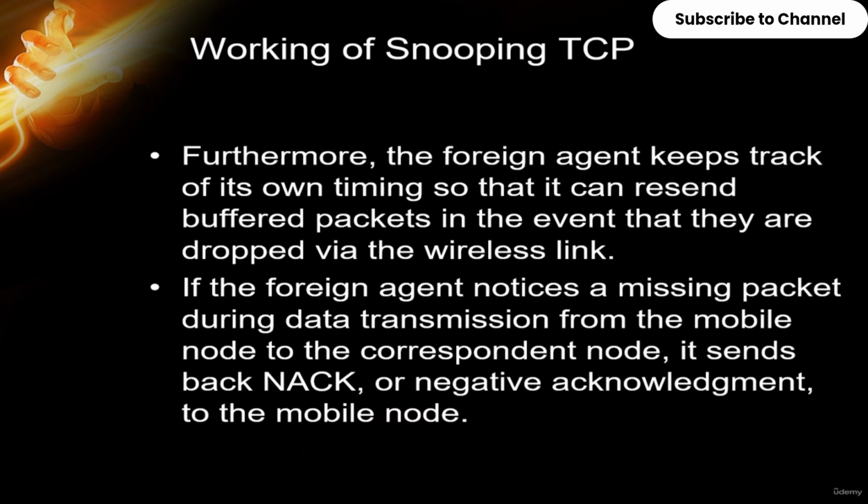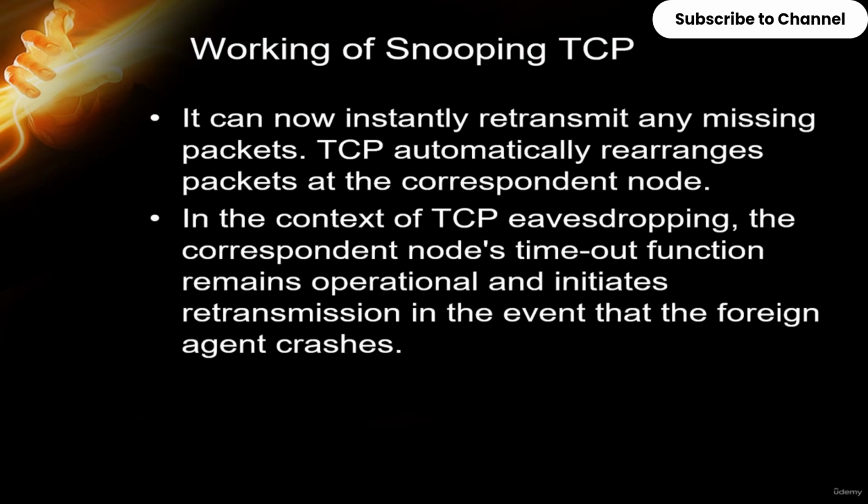The foreign agent also notices missing packets during the transmission and retransmits the corresponding packets, and it even sends negative acknowledgements to the mobile node saying that it did not receive the particular packet.